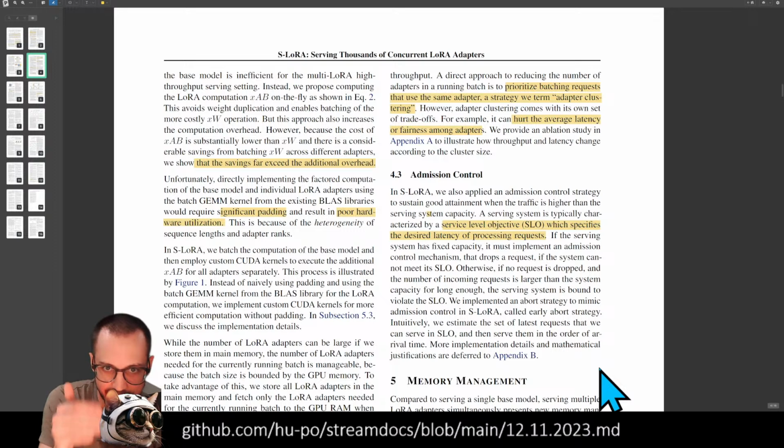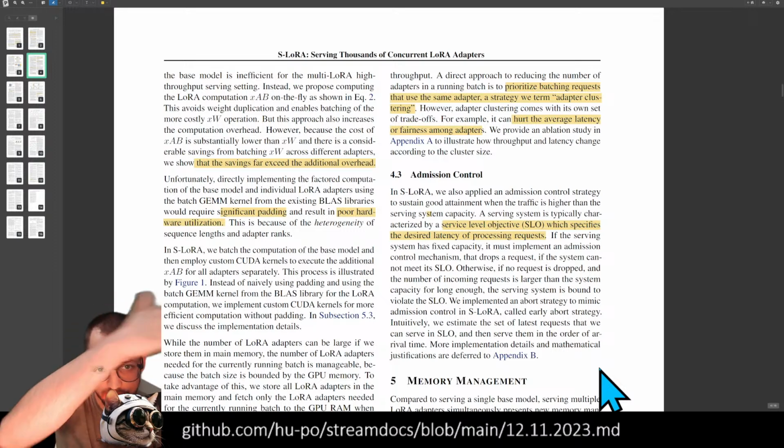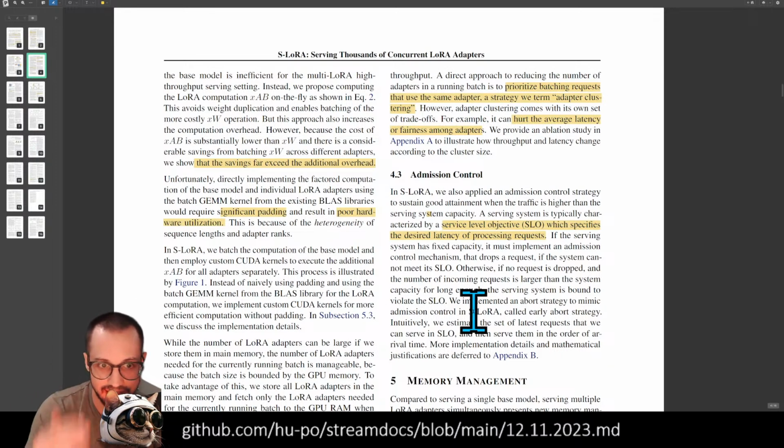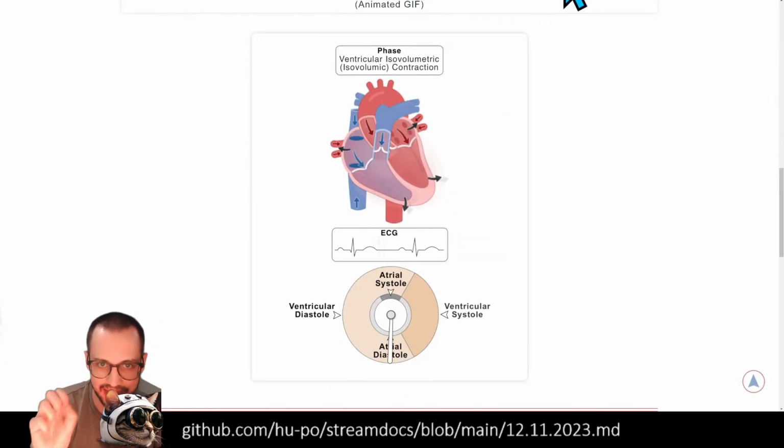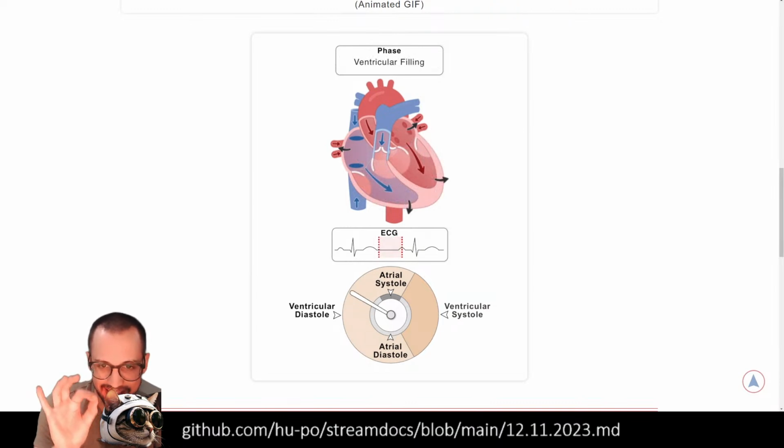It's also keeping track of when this request came in, how long it has been since, and whether it can put this one in right now. So it has multiple different things that it's optimizing over in terms of figuring out exactly what is going to happen in this exact systole of the GPU. The GPU is sitting there just pumping that blood, and it's going to figure out exactly what's going to go into this next blood pump.